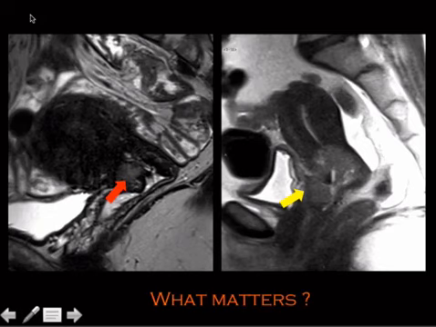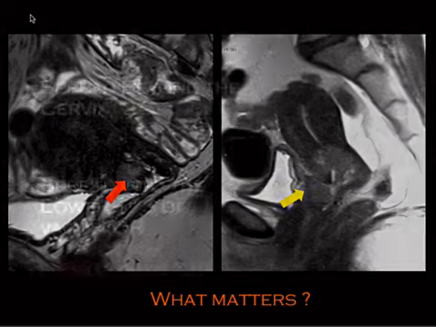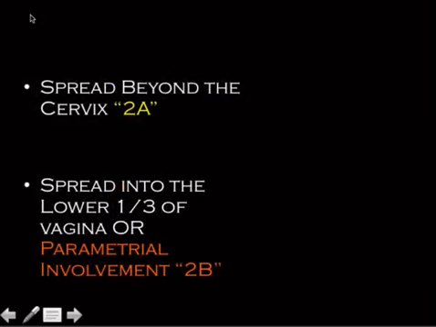So the big thing to know is, when does it involve the parametrium? And this is to be or not to be, because that's going to result in a change in management.